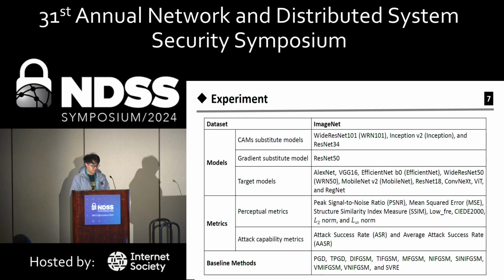If you are interested in them, they can be found on page 12 and page 13 of our paper. The dataset, evaluation metrics, baseline methods, and the target models involved in validating the effectiveness of our method are shown in the table.